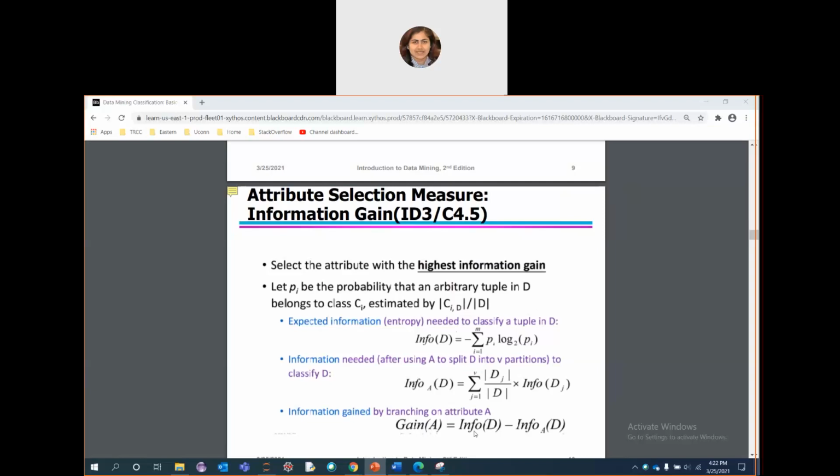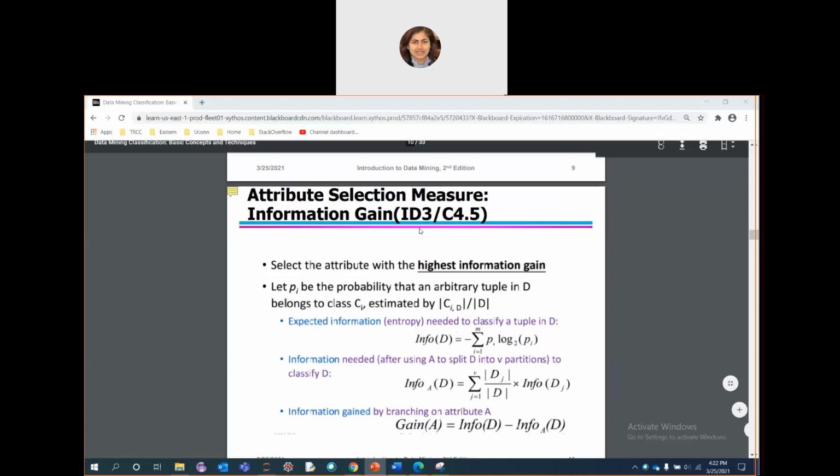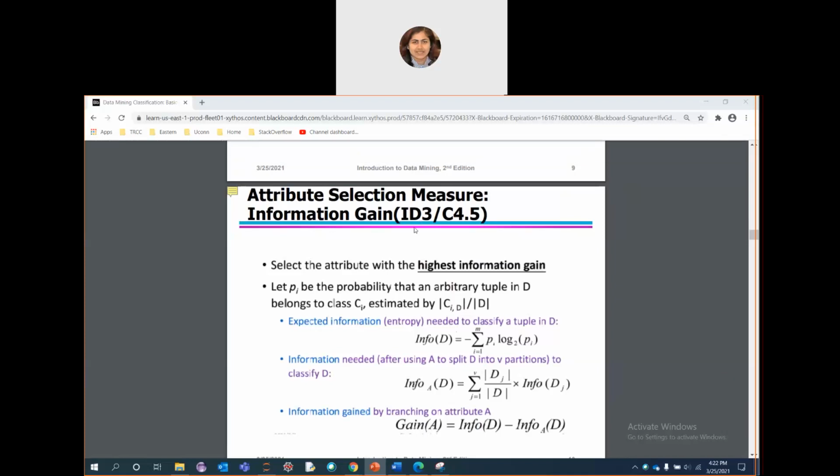There was a machine learning researcher named J. Ross Quinlan. In 1980, he developed a decision tree algorithm called ID3, also called Iterative Dichotomizer. After some years, he also presented another algorithm called C4.5, which was a successor of ID3.